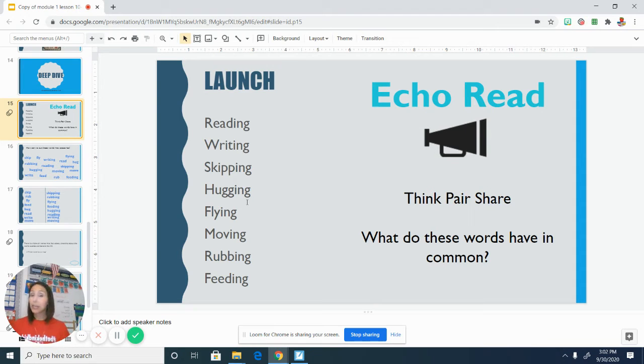But ing changes the meaning of verbs in a different way. While ed makes it mean it happened in the past, like I baked a cake last weekend. When we say ing or add ing to a verb, it makes it mean it's happening right now, right? I'm baking a cake in the oven right now. I'm baking a cake means it's happening right now. It's taking place right now.